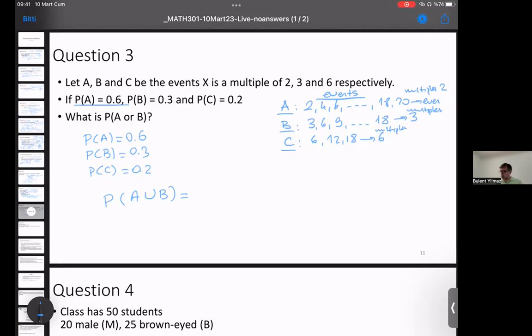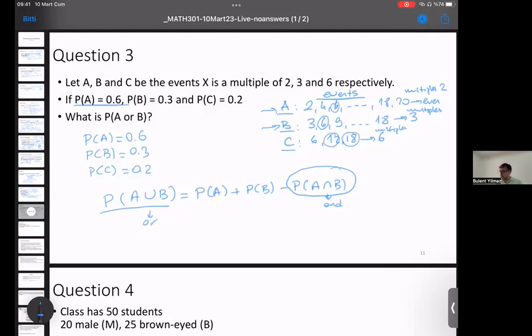Why? Because if they are not disjoint, it will be probability of A plus probability of B minus probability of A and B. This is or, this is and. This is because A and B are not disjoint, right? There are some common elements. For example, 6 is a common element, 12 is a common element, 18 is a common element.